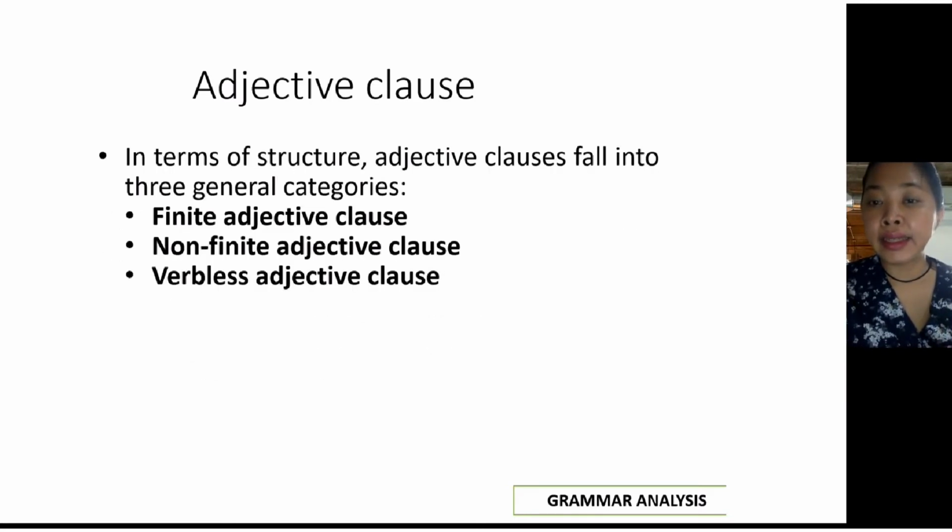Okay, and here, adjective clauses in terms of structure fall into three general categories. The first one is the finite adjective clause, then the non-finite adjective clause, or also the verbless adjective clause.